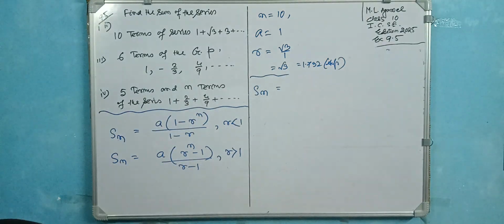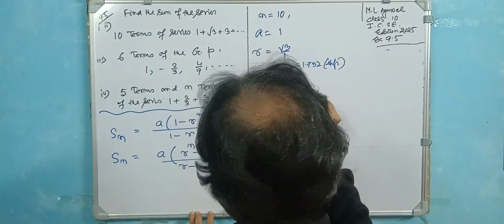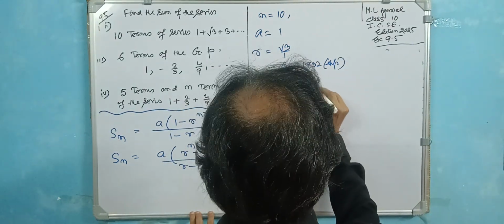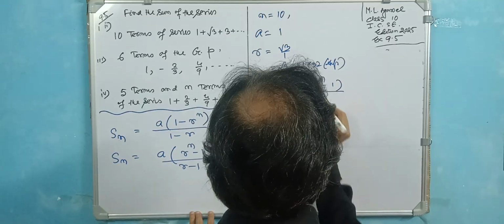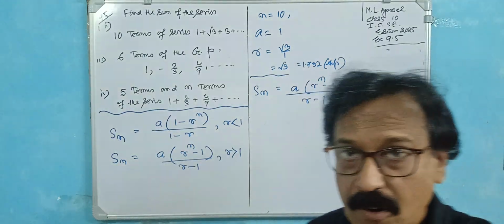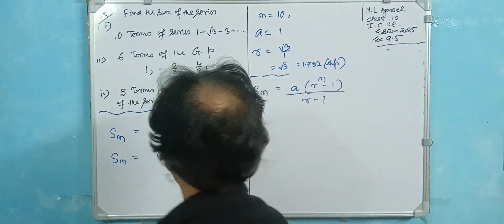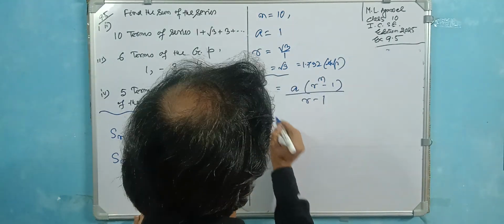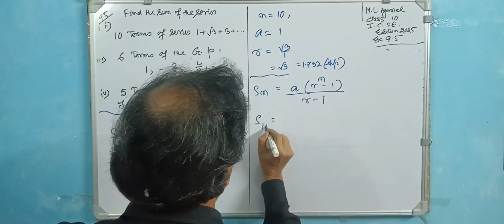So Sn is equal to a(r^n - 1)/(r - 1). Always use the proper formula for easier calculation, and the calculation must be okay. Now you just put in the values. Here n is 10, so you write S10.